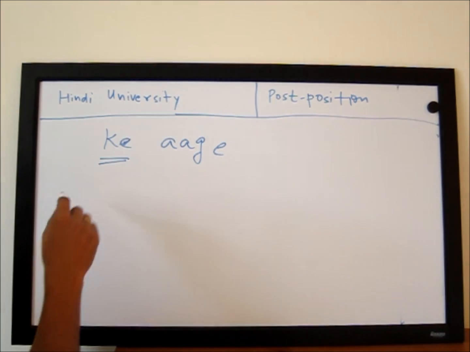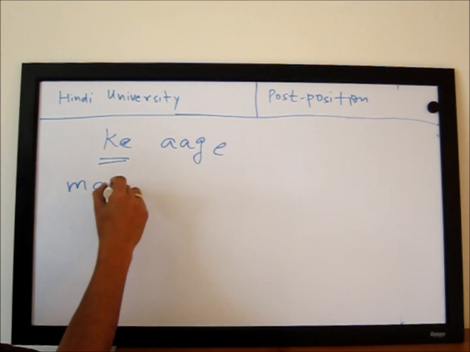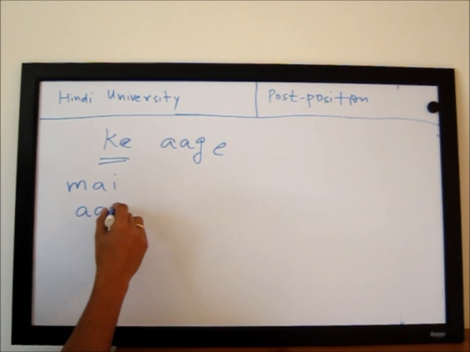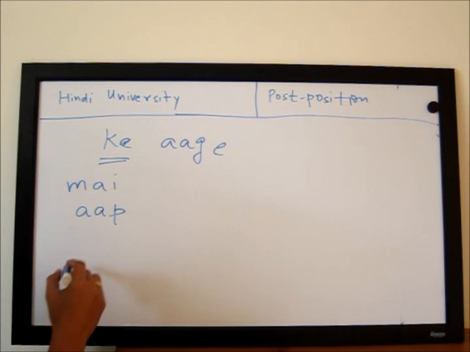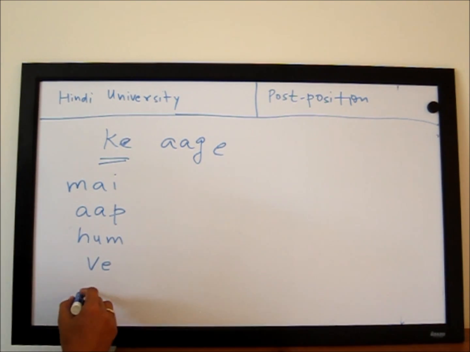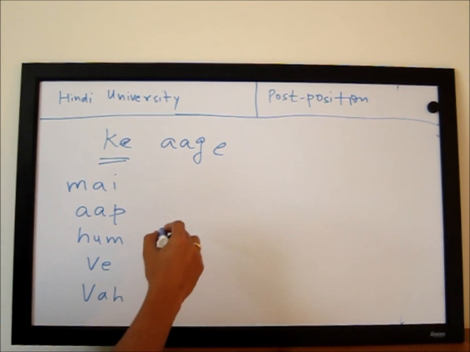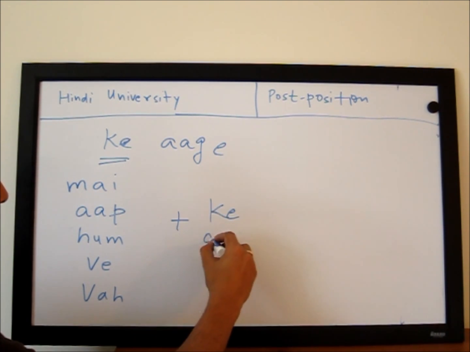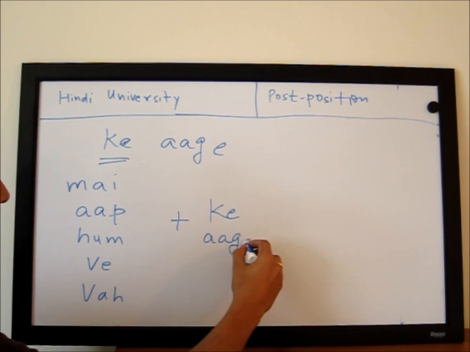Imagine that we're using our pronouns मैं, which is I, आप, you, हम, which is we, वे, which is they, and वह, which is he, she, or it. Let's say using ke aage with these pronouns.